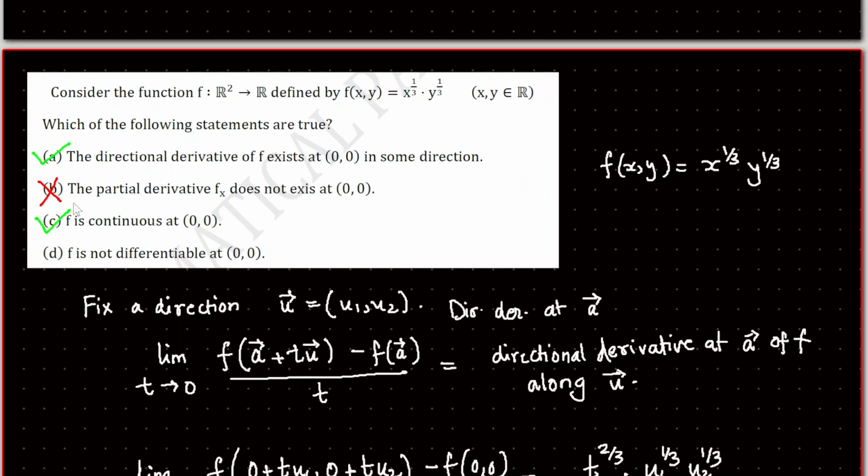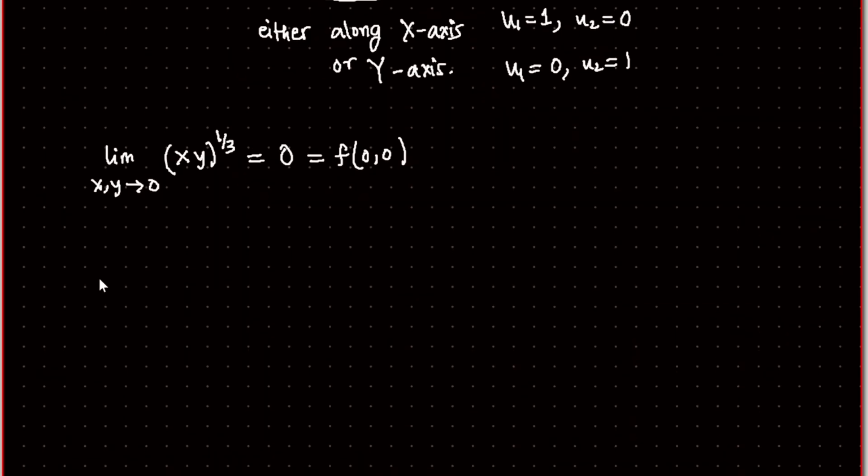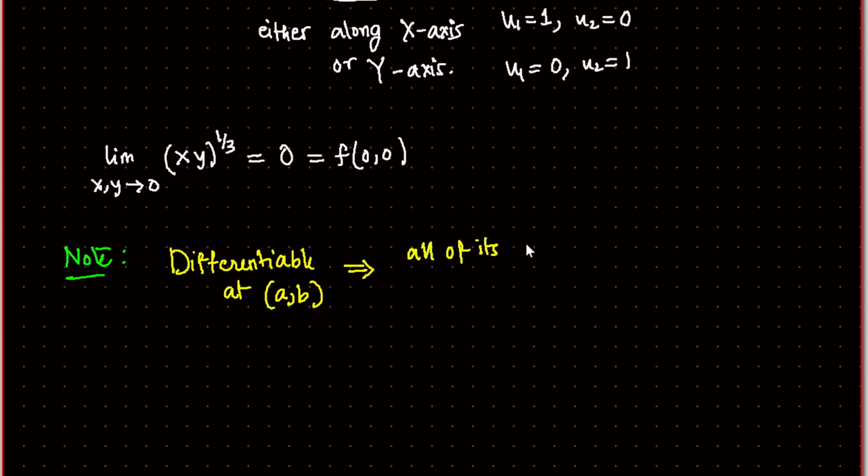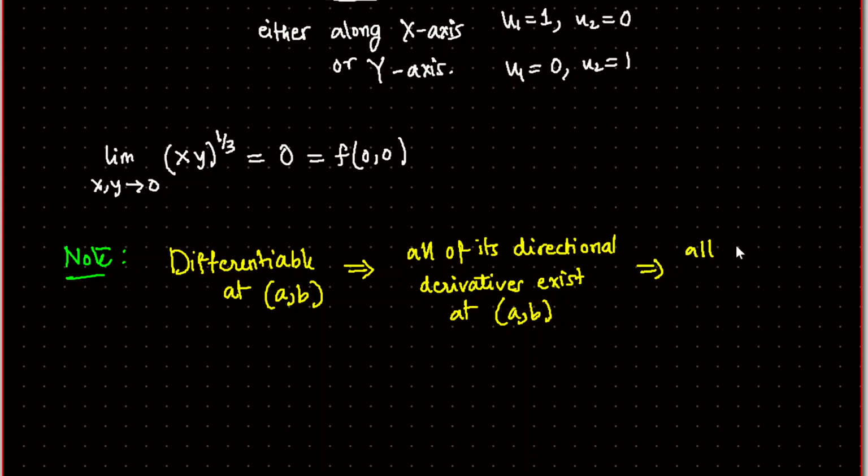What about differentiability? So now note that if a function is differentiable at a point, say a comma b, then that implies that all of its directional derivatives exist at a comma b, and this implies all the partials exist.